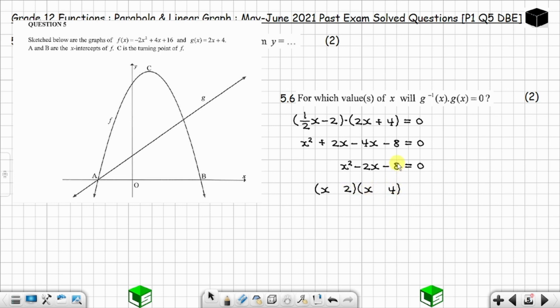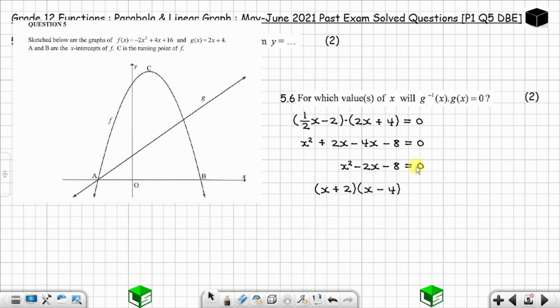From 2 and 4 you can get the middle term negative 2. If you have 2 minus 4, it will give you negative 2. So you must have positive there and negative there, right? When you have negative there, it means that the signs in the bracket are going to be different. I think I should make a video on factorization to explain this. For now, let's solve this question.